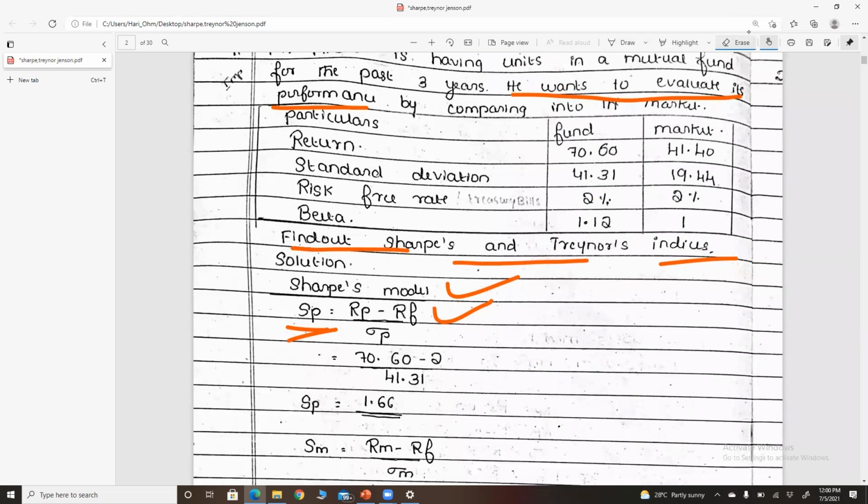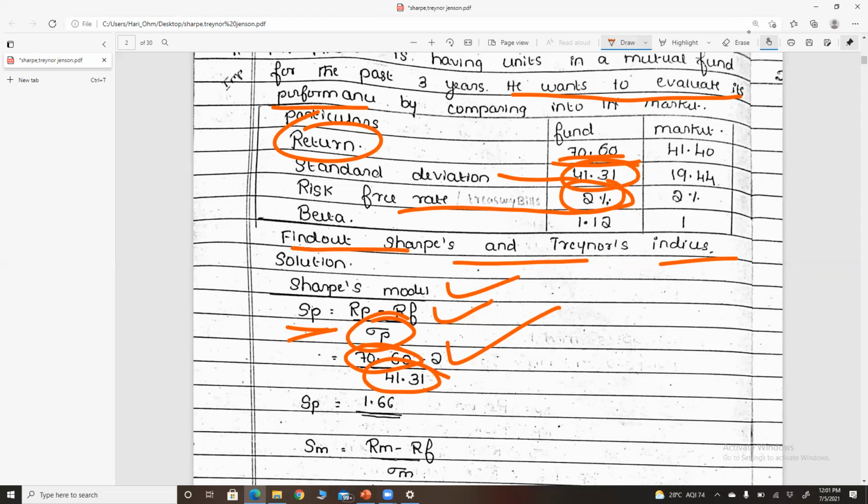The return of the portfolio is 70.60, right? 70.60 minus the risk-free asset, that is 2%. Then divided by standard deviation P, which is given, that is 41.31. So the answer is 1.66. This is for the fund or portfolio.